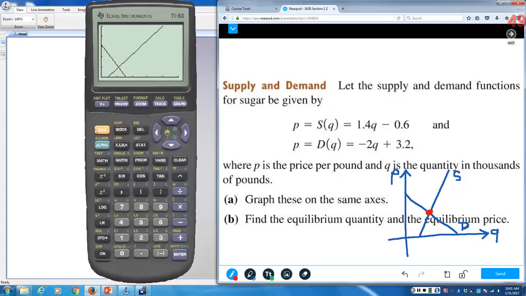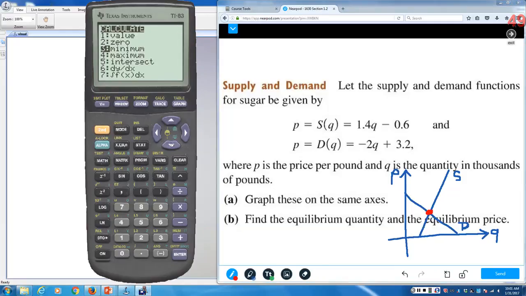So I'm going to come over here and hit second, trace, go down and choose number 5, which says intersect. And then I'm going to hit enter 3 times. And it says the intersection point is 1.12, let's call it.